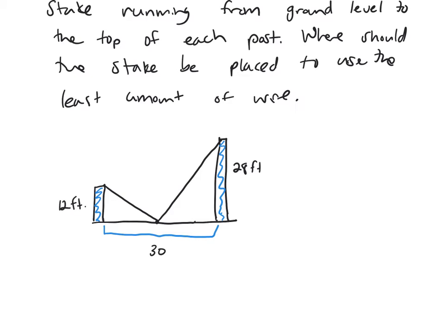I need to know how much wire is used on each piece, so let me use variables here, y and z, for those. So if W represents the wire length, then I'm trying to minimize W, which is y plus z.